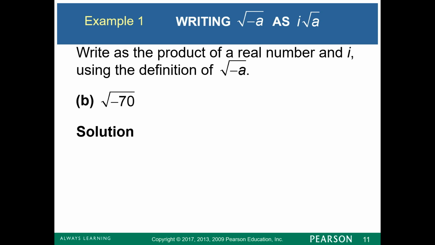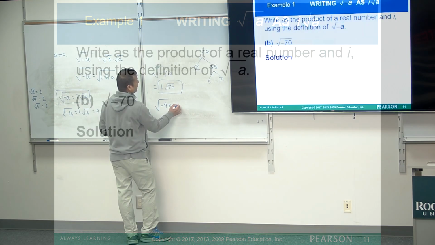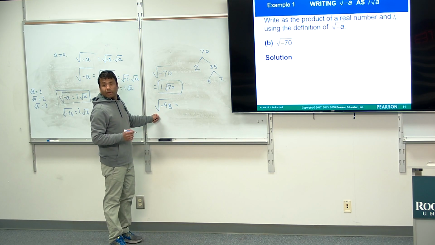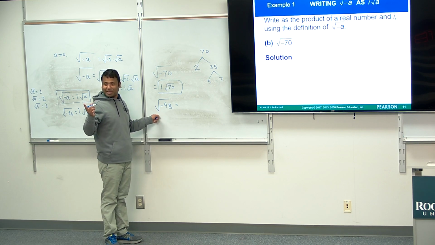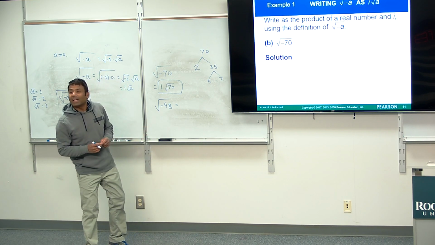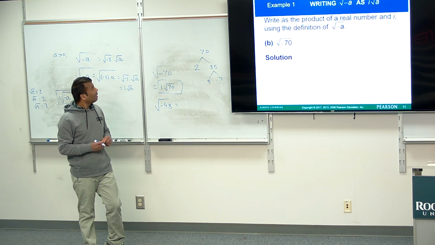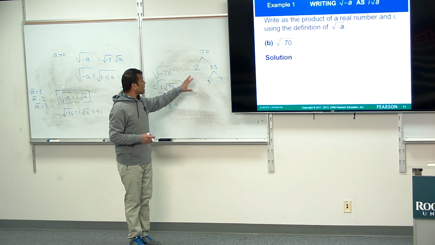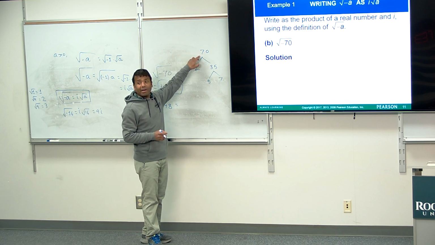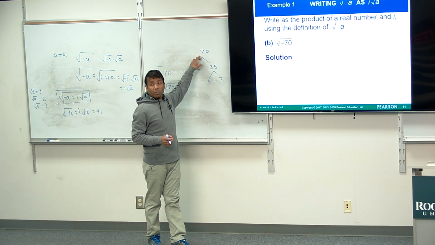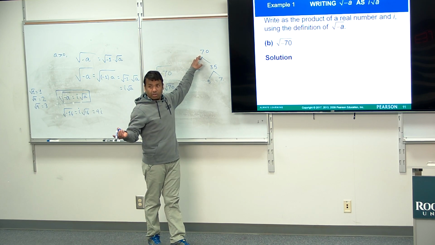Okay. So now let's do radical negative 48. Are you guys with me so far? Why did we do the prime numbers for 70? We didn't get anything from it, because I'm just trying to rewrite this as a product of a square number and another number, right?